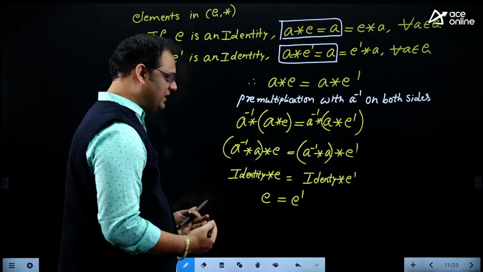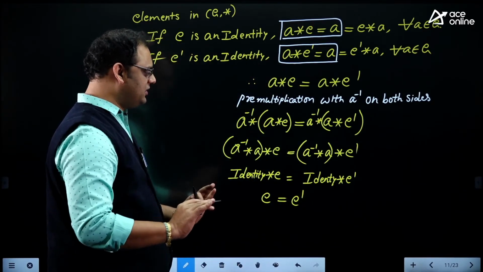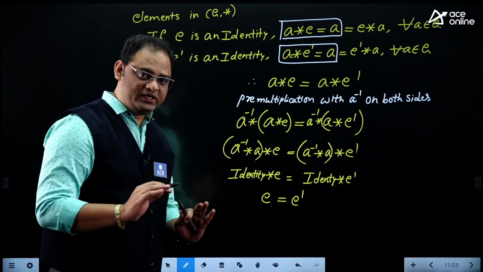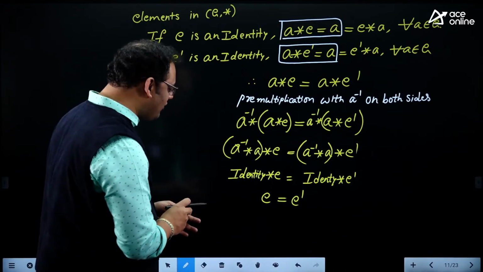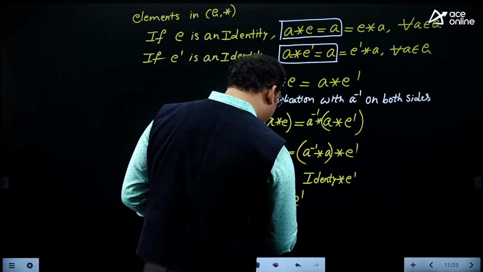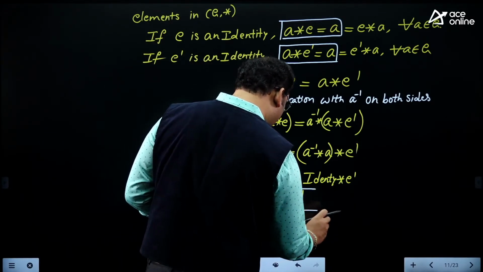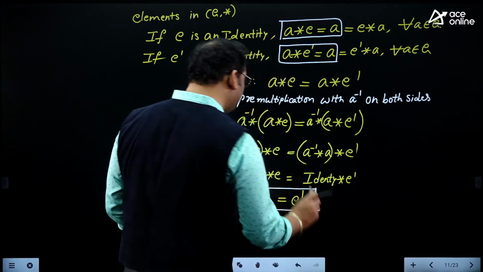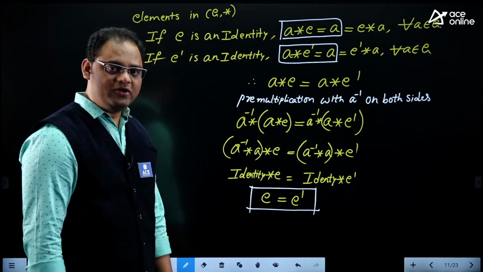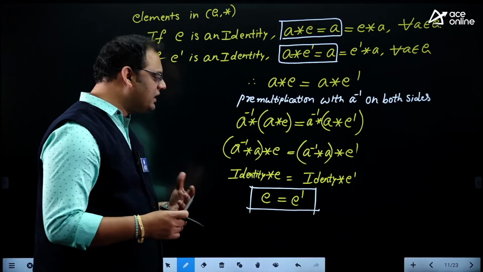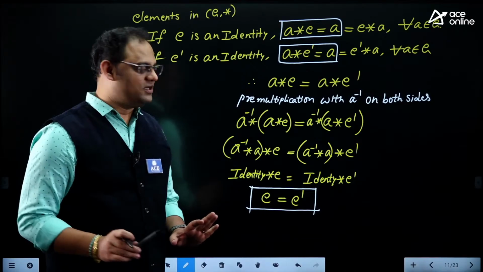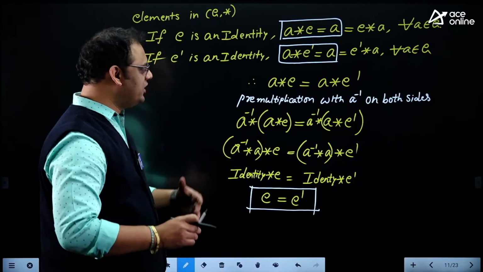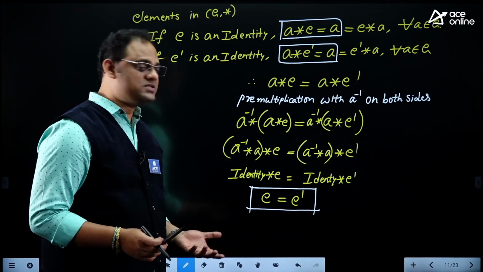My dear, understand clearly. I started the question saying there are two identity elements, but at the end of the process, what I got is that the two elements are the same. So not only two or three, you can take any number, but the identity element in a group is unique, my dear. So don't say that two identity elements or three identity elements exist.